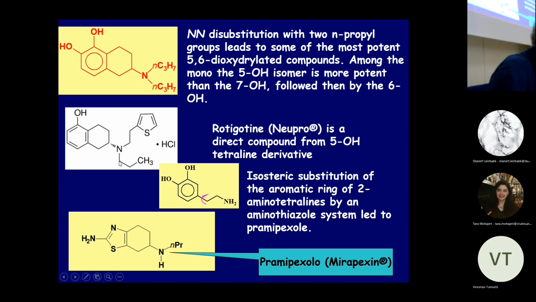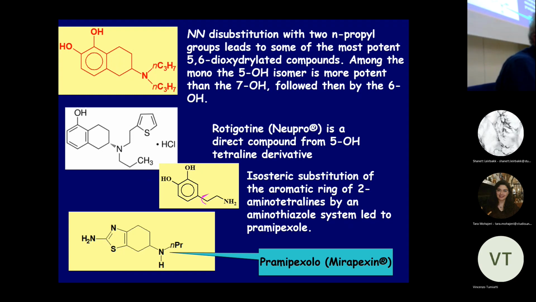Once again, on the nitrogen atom you can see a normal propyl chain, and in addition a thiophene, an aromatic ring on the nitrogen atom.